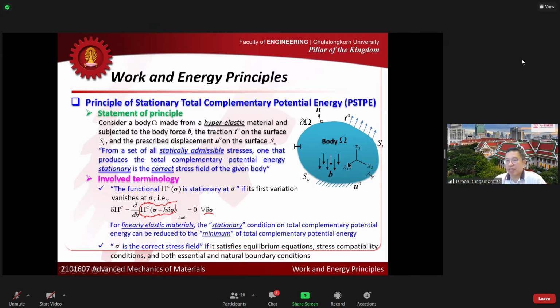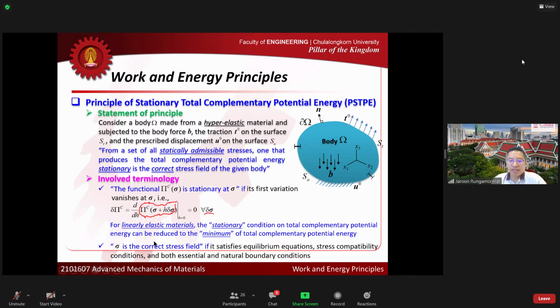If you remember, look at homework assignment number 1. I also asked you to formulate the problem in terms of stress. The key governing equations for that case are the equilibrium equation and the stress compatibility condition that we call the Beltrami-Mitchell equation, and also the two boundary conditions that have to be satisfied.